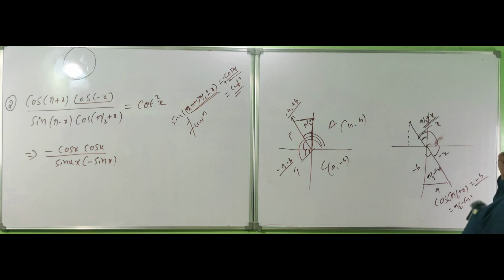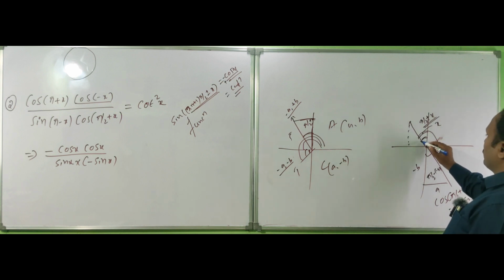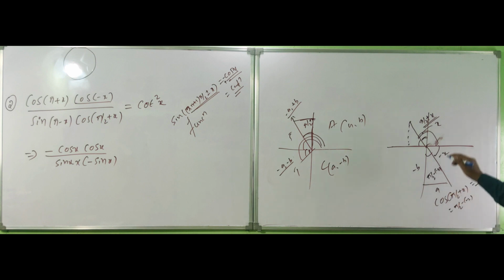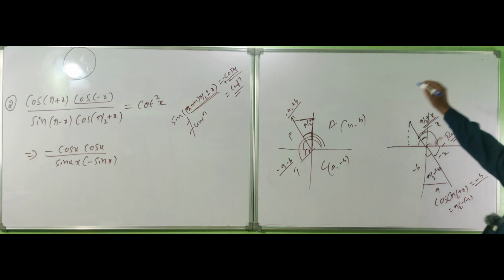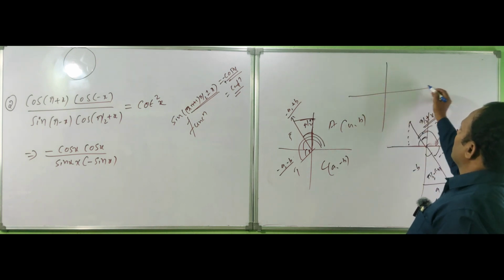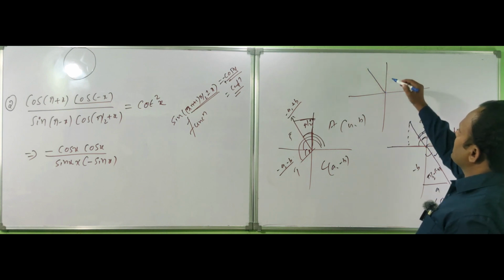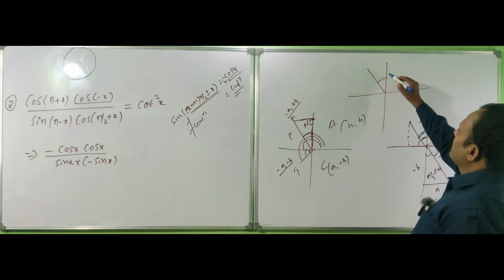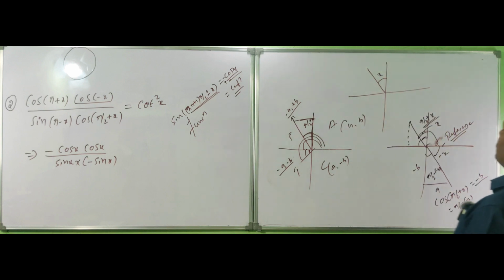Because the angle we are considering almost always has this as the origin, only this is the reference line, with respect to the unit circle. If you just take this one, it gives a negative answer. If this is A, this pi by 2 minus x, you can consider it x.